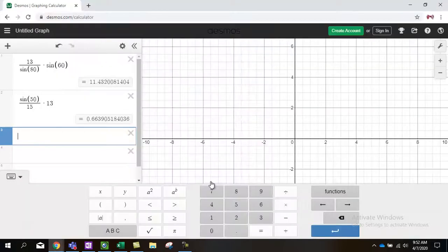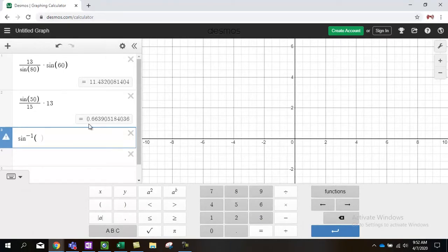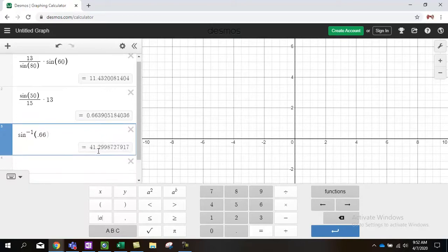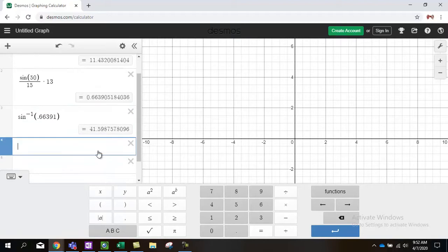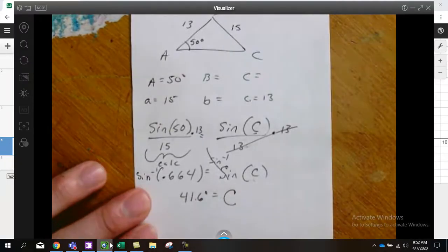So we go to our calculator and take the sine inverse of 0.66391. Quite a few decimal places. This is 41.6 degrees. And so I can say that C is 41.6 degrees.